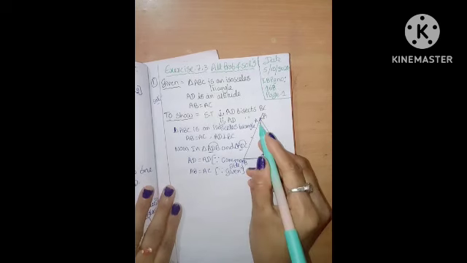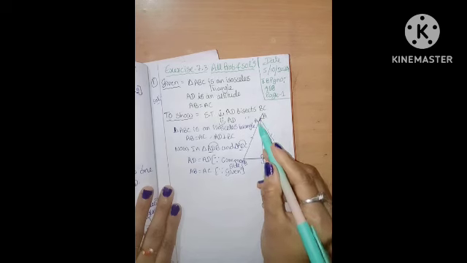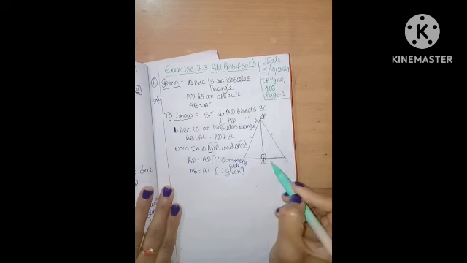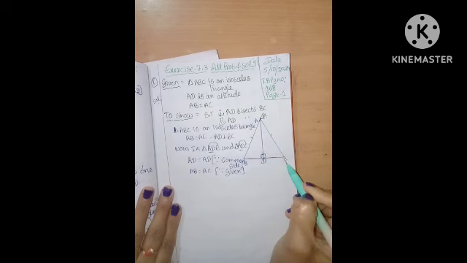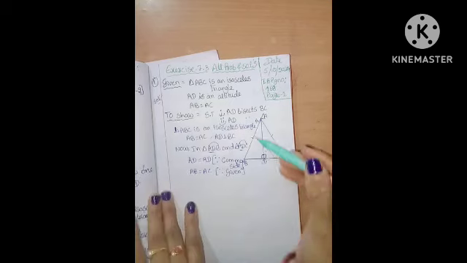And next, angles are equal. Which angles are equal? Angle ADB is equal to angle ADC. Why are they equal? The altitude is given.